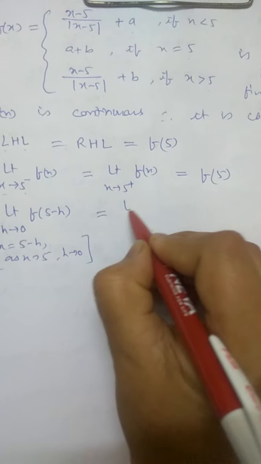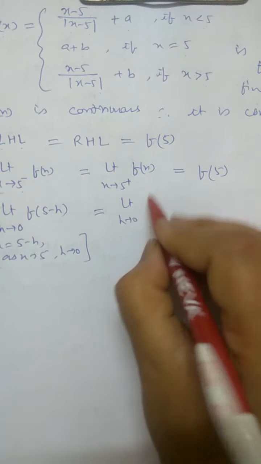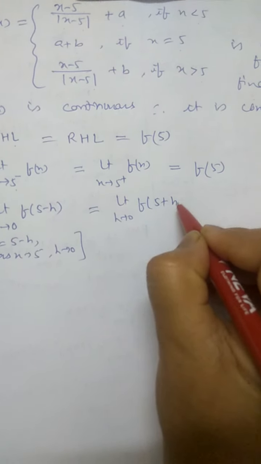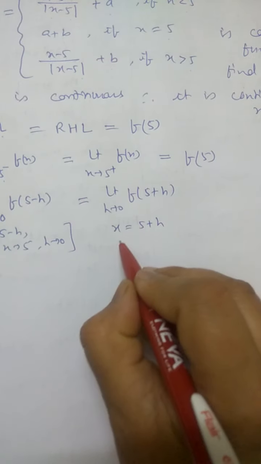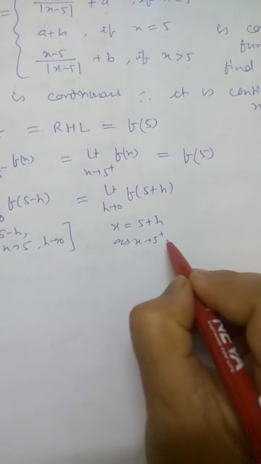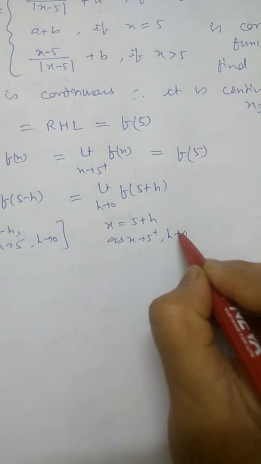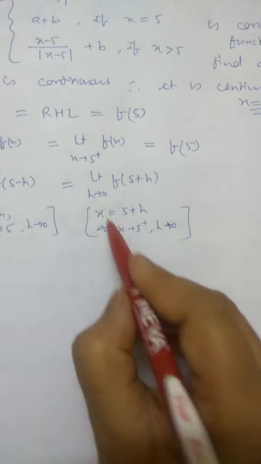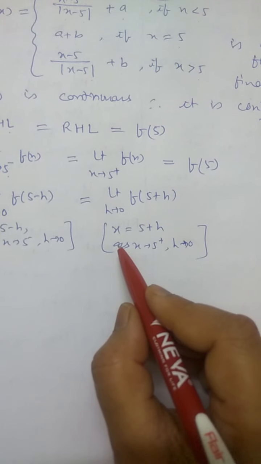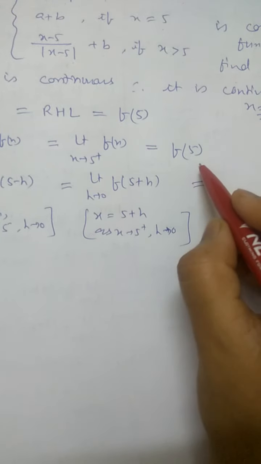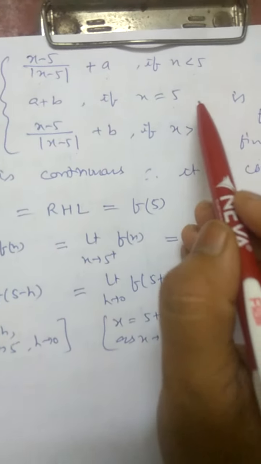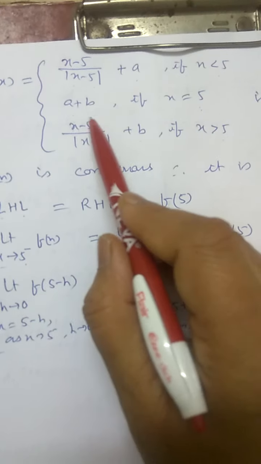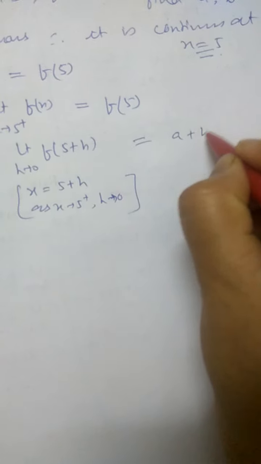And that is equal to limit h tends to 0, f of 5 plus h. Here the substitution, x is equal to 5 plus h, as x tends to 5 positive, h tends to 0. This is the substitution for right hand limit. And now f(5). What is the value of f(5)? When x is equal to 5, the function is a plus b, and therefore we have to write equal to a plus b.